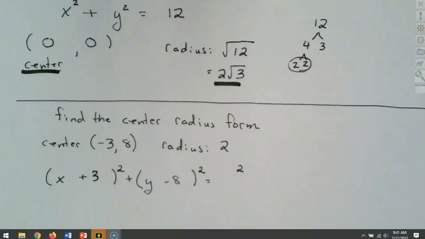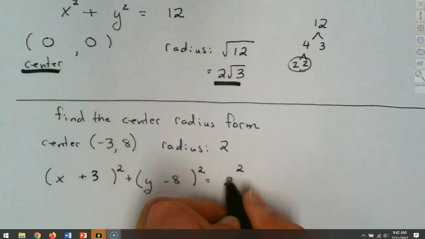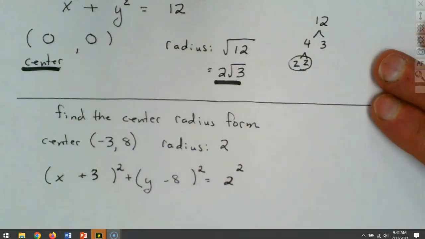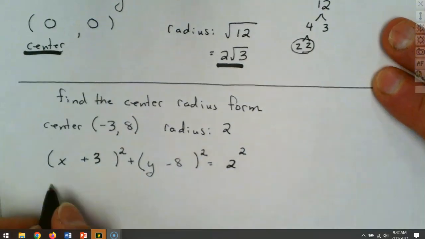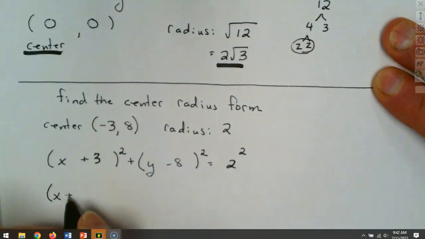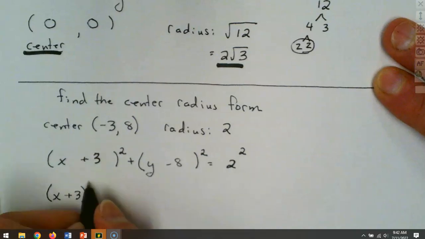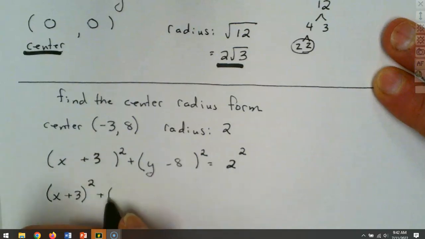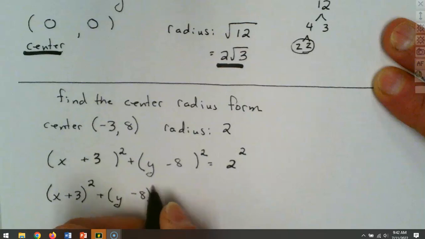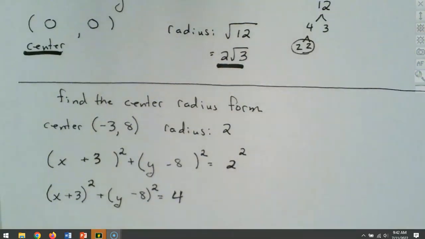Now, when we went from the center radius form to the radius, we took a square root. So when we go from the radius to the center radius form, we have to square. That's why that's going to be the 2 squared there. And now we can clean it up. So our final answer in center radius form would be x plus 3 quantity squared, y minus 8 quantity squared equals 4 quantity squared. And that's it.